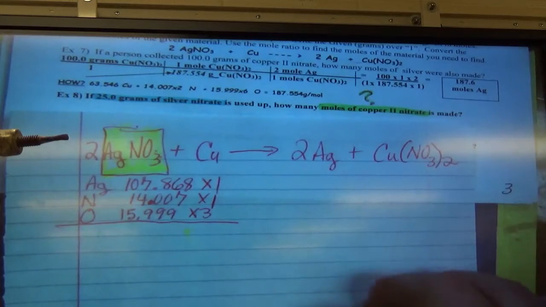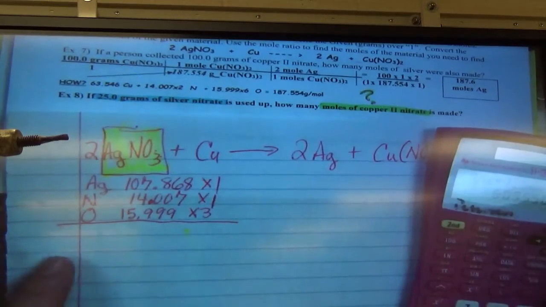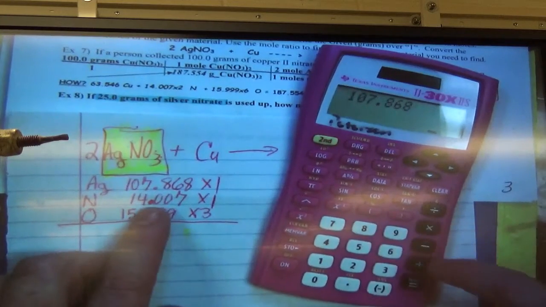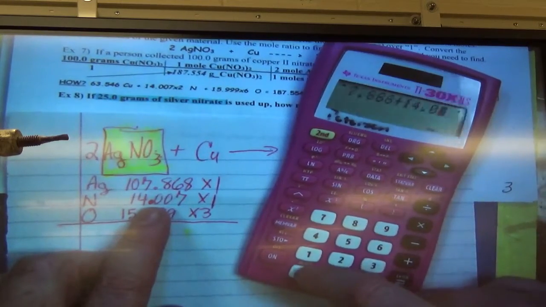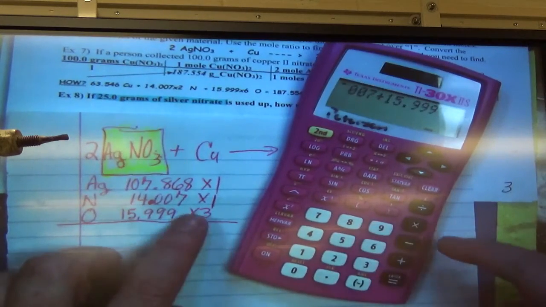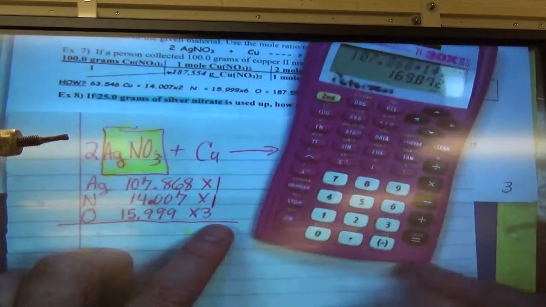All right, add it up. So we have 107.868 plus 14.007 plus 15.999 times 3. Okay, write this down.